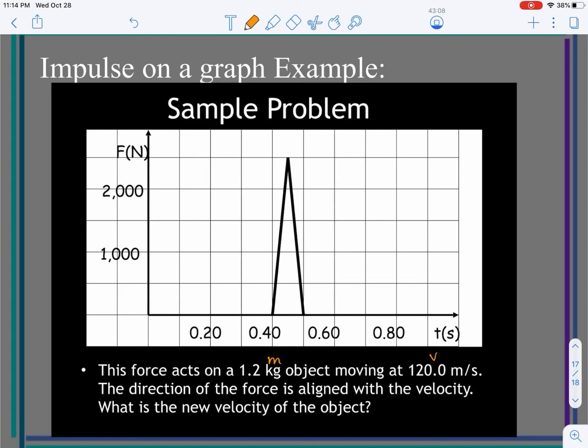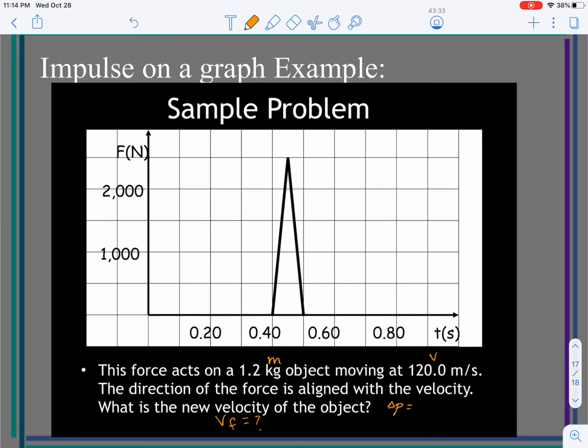This just means that the force is in the same direction as the velocity, so it'll be a positive force for us, which means the impulse is positive, which means the change in momentum is positive, okay? So the question that they're asking is, what is the new velocity of the object? This question wants us to solve for the final velocity.